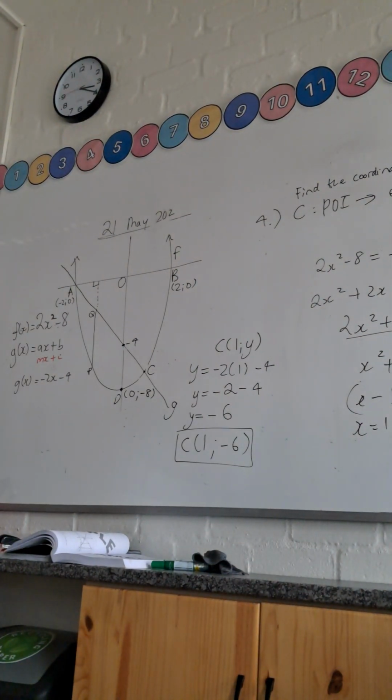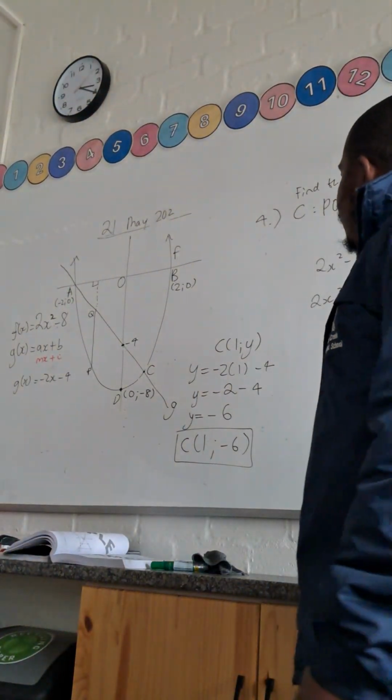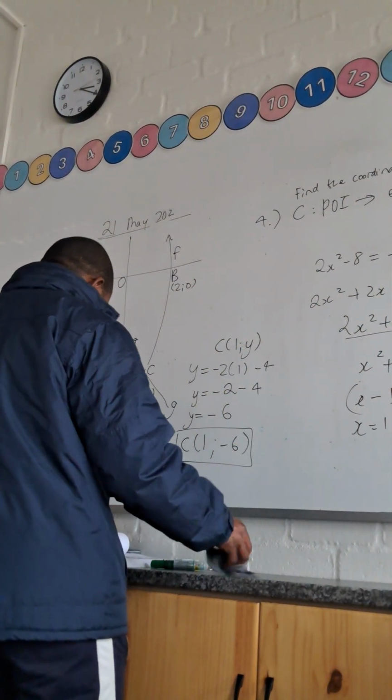I like the straight line, but you can substitute into the parabola as well. You only need to substitute into one because you're going to get one y value. So when you put the two equations together and solve for x, you get the x value. Take the x value, substitute it into either one of the graphs from there. Does that make sense? So we move on. We're almost done. We just got a couple more of these.